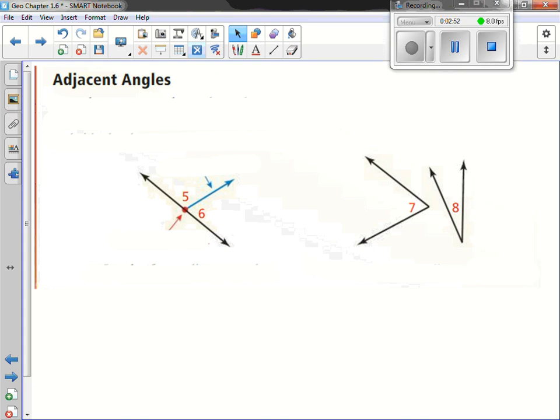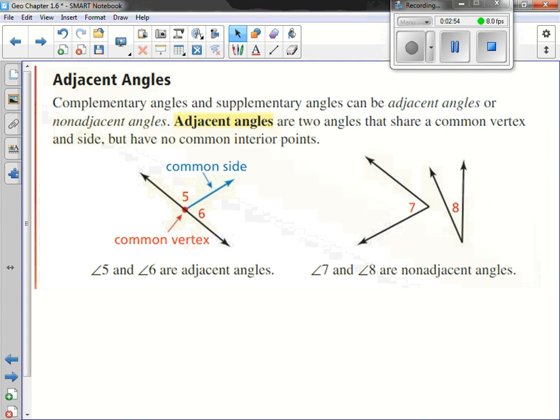Adjacent angles. Complementary angles and supplementary angles can be adjacent or non-adjacent angles. Adjacent angles are two angles that share a common vertex and side, but have no common interior points. Adjacent angles share a vertex and a side, but have no common interior points.